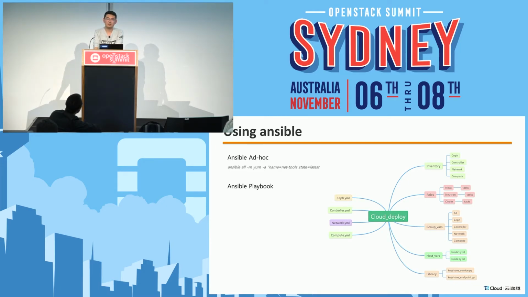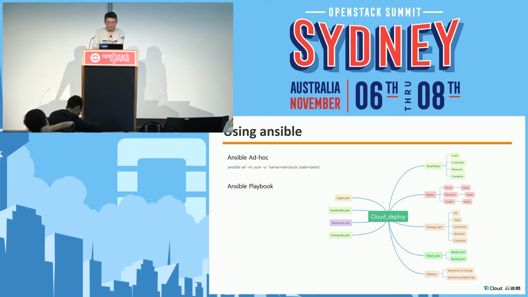For example, if node A has 3 disks, while all the others have 2 disks, then you can write a YAML file for node A and put the difference into it. Library. It is where you can put your own modules. Ansible supports self-defined modules. The modules here will be loaded automatically.